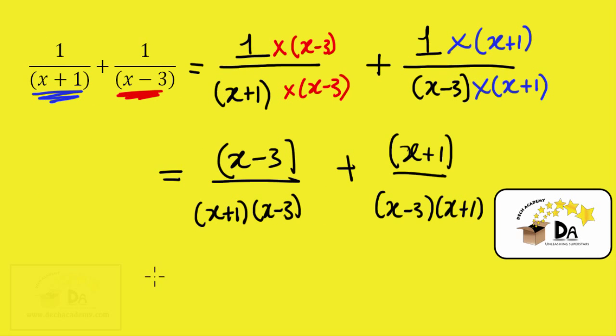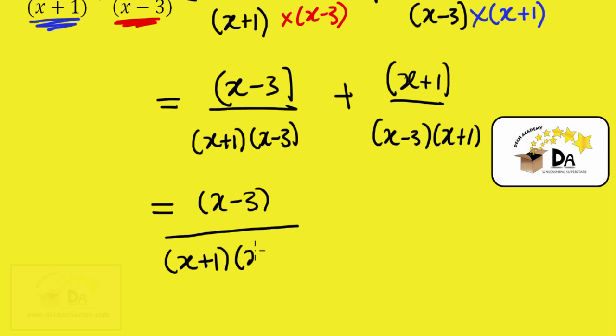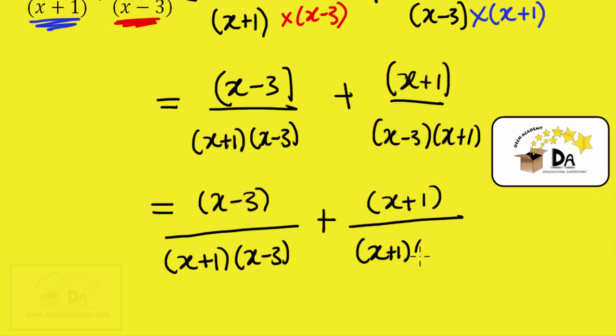So at this point, we know that the first fraction, so I'm going to write it neatly, is x minus 3 divided by x plus 1, x minus 3, plus x plus 1 divided by, well, what's x minus 3 times x plus 1? It's the same thing as x plus 1 times x minus 3.